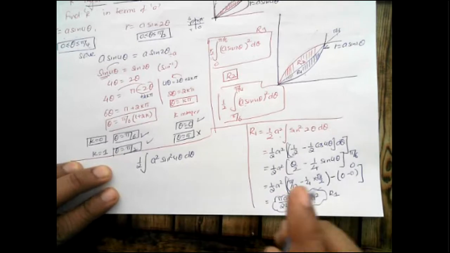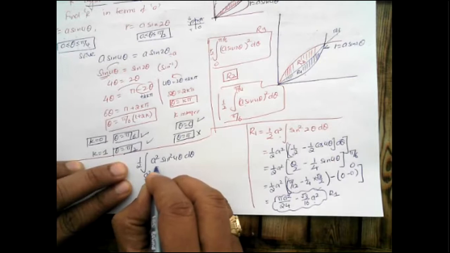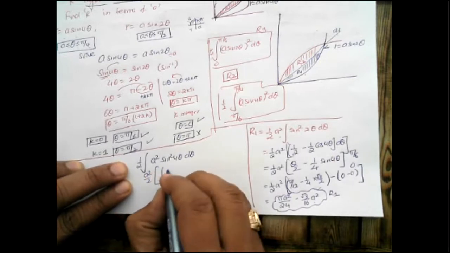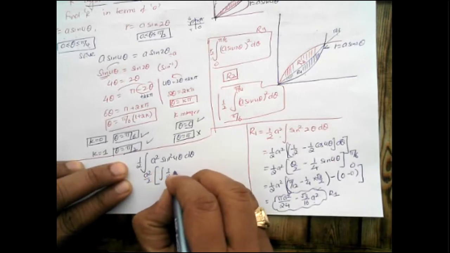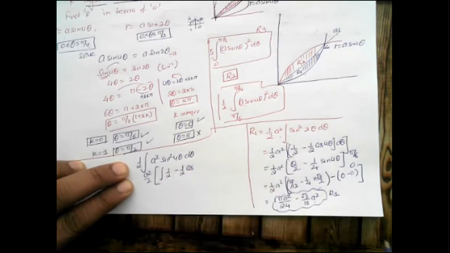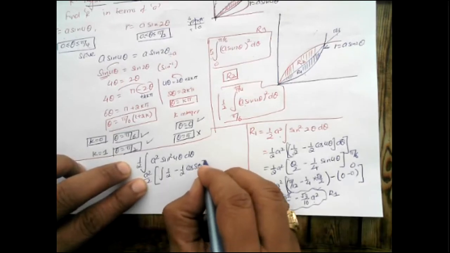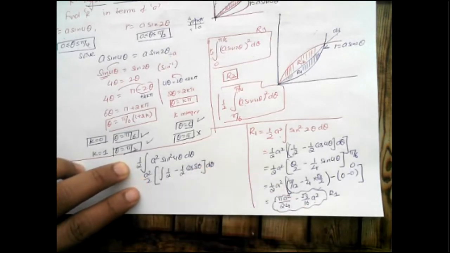Using the same formula, this is a squared over 2, and in brackets I'm going to integrate half minus half cos 8 theta, double of that, d theta. Let's do the integration and put in the values of these two limits.